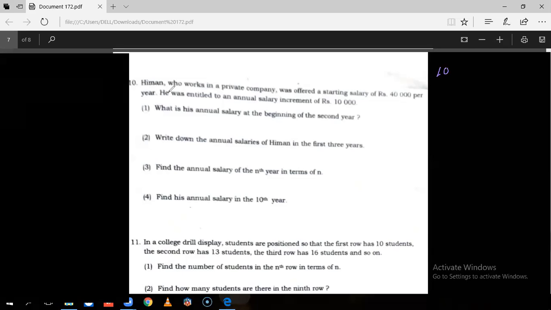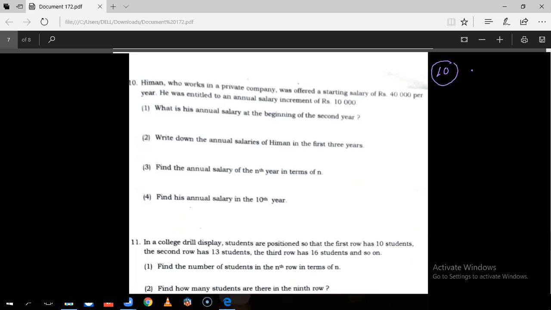Tenth. Himan, who works in a private company, was offered a starting salary of 40,000 per year. He was entitled to an annual salary increment of 10,000.